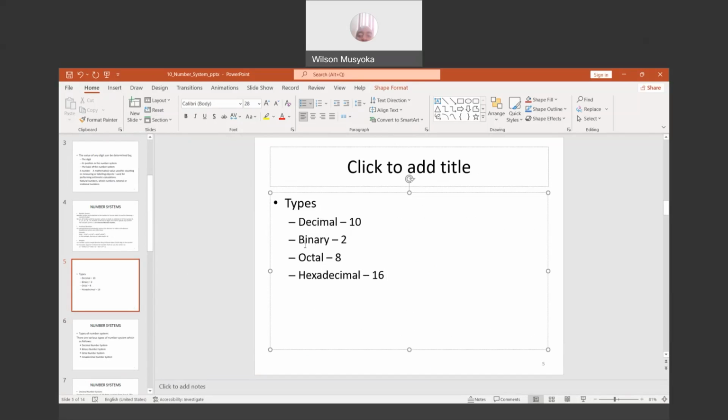Binary has only 2 digits, so it is base 2, or the radix is 2. Then the octal number system has 8 digits, so it is base 8, or the radix is 8. And the hexadecimal number system is base 16 because it has 16 digits in the whole number system.